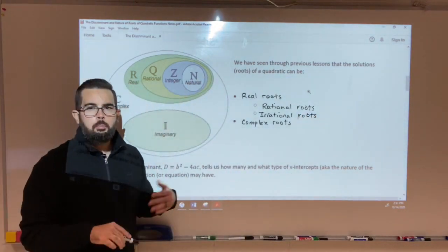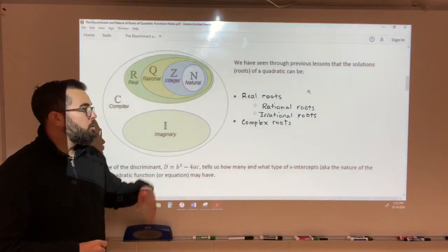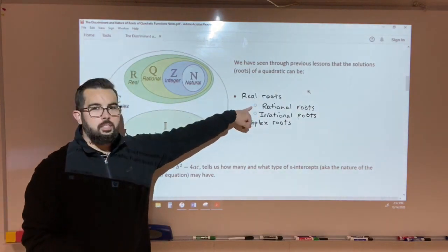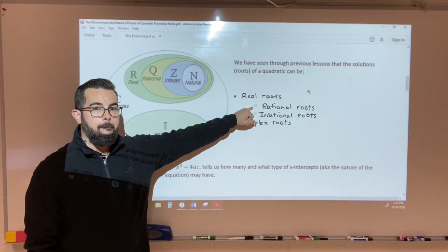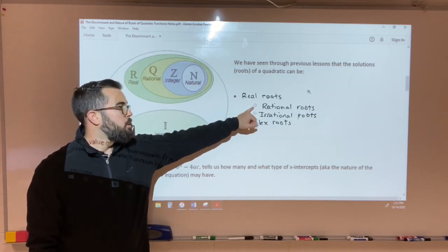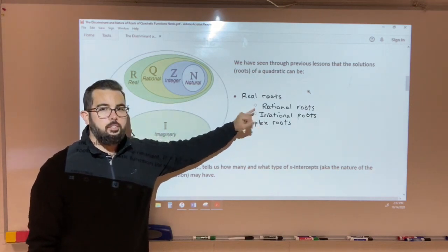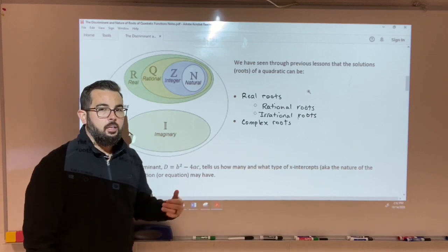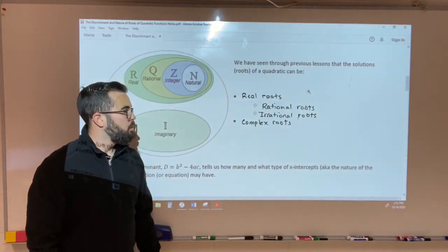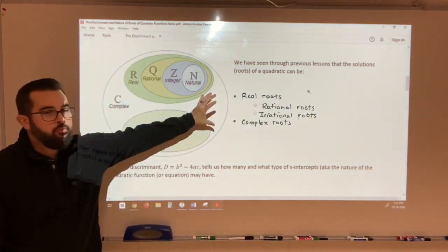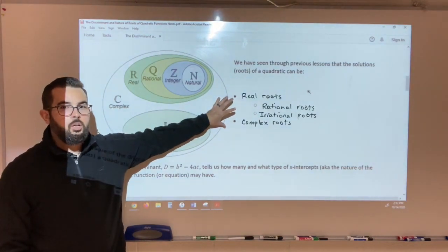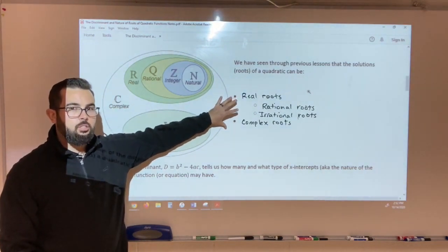Now, after doing a couple problems with the quadratic formula, you're going to like rational roots because those are the ones that have a perfect square underneath the square root. Okay, irrational roots are the ones that do not have a perfect square under the square root. So, these are the type of roots that you're going to get from a quadratic equation.